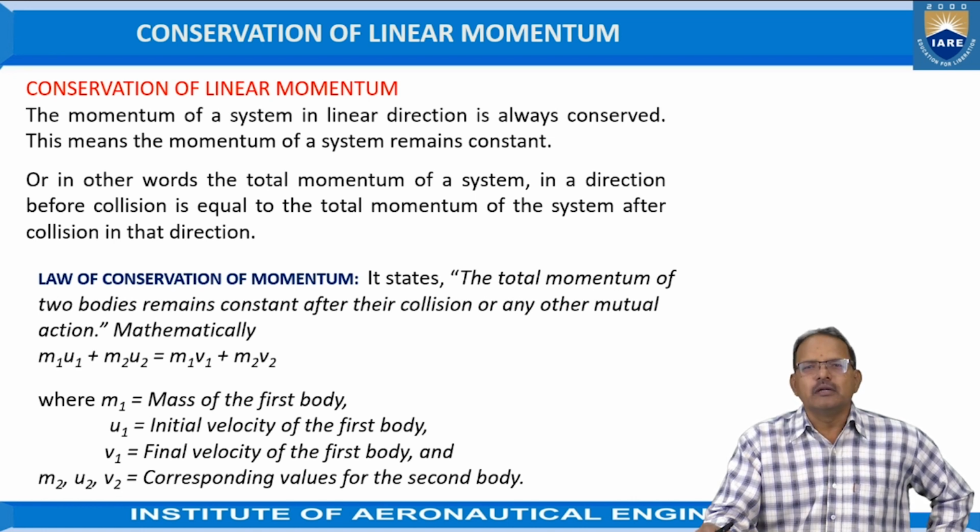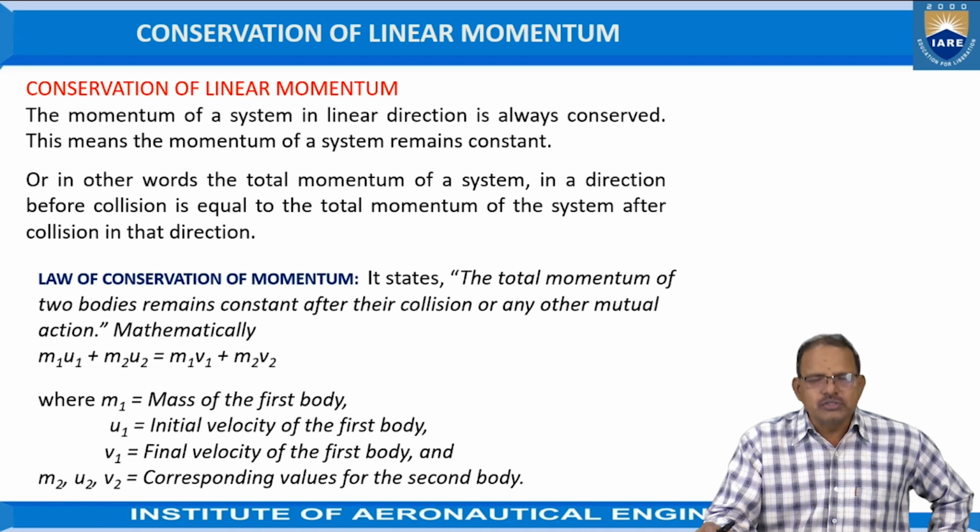Let m1 and m2 represent the masses of the two bodies, u1 and u2 represent the initial velocities of the bodies before the collision, and v1 and v2 represent the velocities of the two bodies after the collision. Assume all are moving in linear directions.